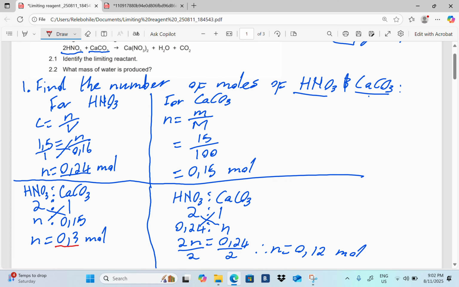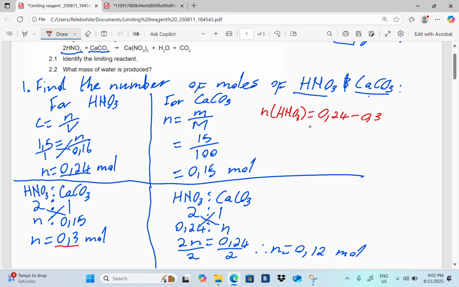The ones I found using ratios are the ones I need so that my product can be formed, basically. So what I'm going to do is to take this answer that I got here and subtract it from this one that I got in the first step. So to make it look easy, I can say the number of moles of nitric acid is equal to 0.24 minus 0.3.